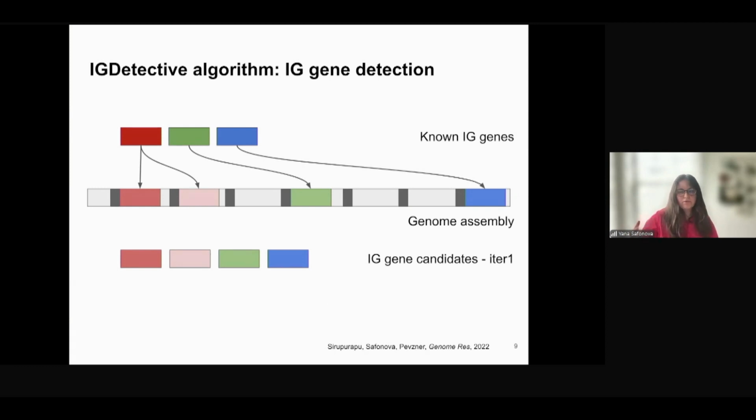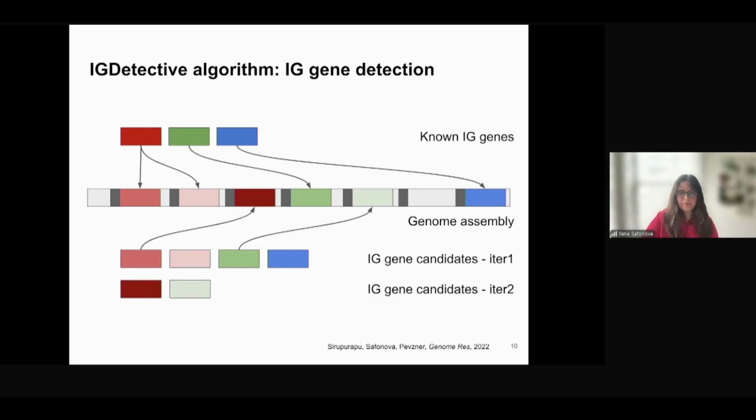Then we can use the database of known immunoglobulin genes and see if matches to Ig genes also coincide with matches of RSSs. And based on this, we can extract the first set of Ig gene candidates for a given species. They would form the first tier candidates, highly similar to something that is already known.